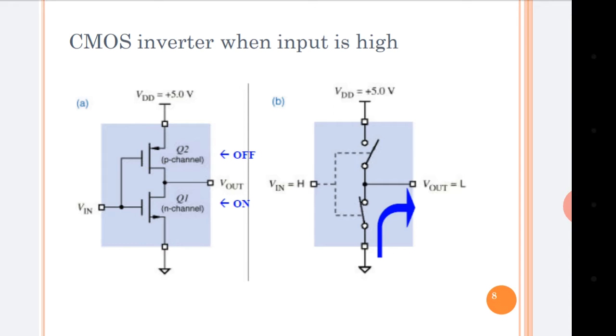But when you connect logic 1 to the gate of the NMOS, then it is acting as an on switch. So observe the second diagram, in which the first switch is open and the second switch is closed, and you are taking output across a closed switch, which is equal to 0. So this is how the inverter is working.